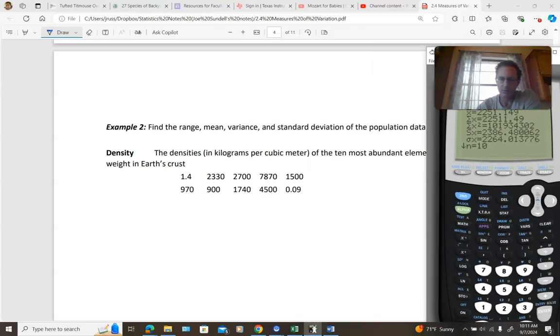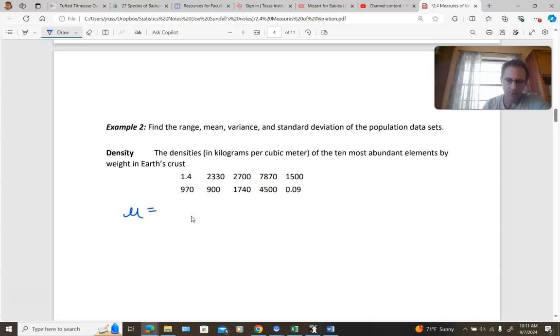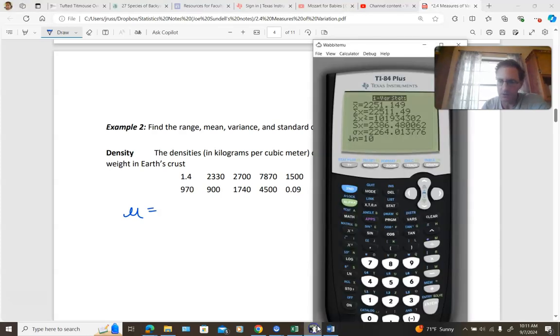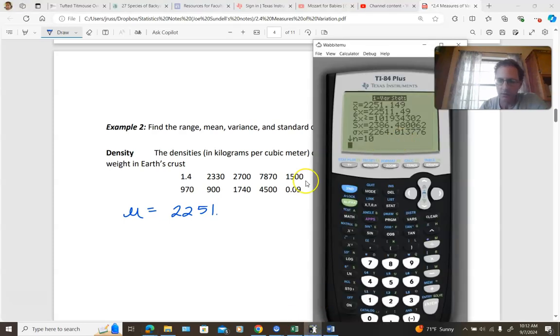All right, so now I want you to notice that the calculator is always going to give you X bar and not mu. Just know that if this represents a population, then X bar is actually mu, okay? So let's let mu be 2,251.15.